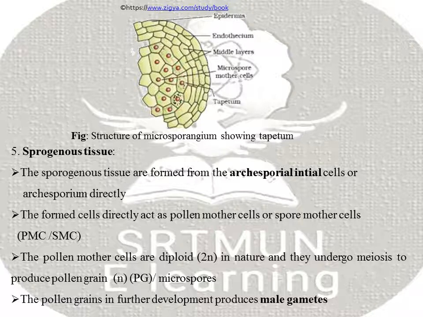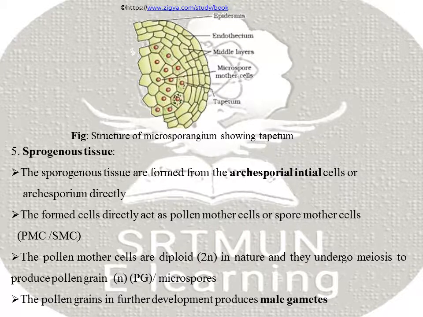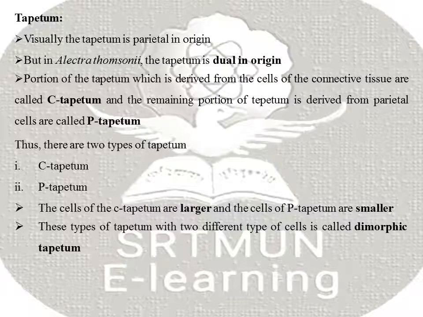The pollen mother cells are diploid, 2n in nature, and they undergo meiosis to produce pollen grains, n, microspores. The pollen grain in further development produces male gametes.